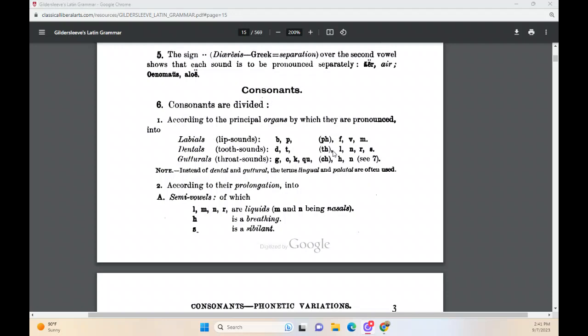The next sound we have here in parentheses is the digraph te, ha. Now, in English, we pronounce this like th in theater or thing. But in Latin, it's not pronounced in that way.